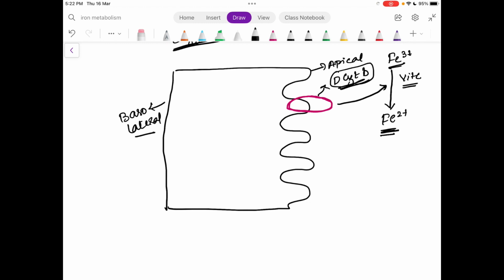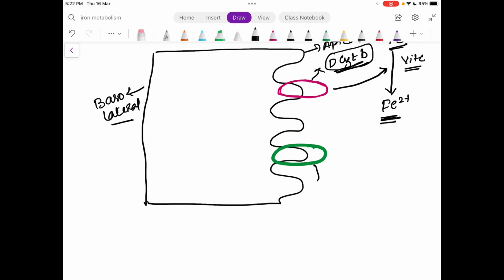After formation of Fe2 plus, it has to be absorbed into the intestinal cell. For this, we have one more protein, a transporter, called divalent metal ion transporter 1.